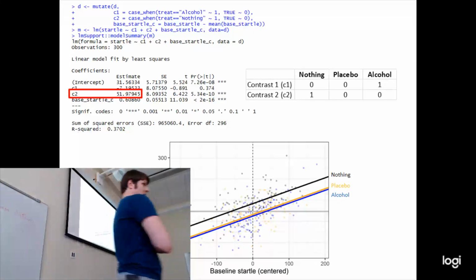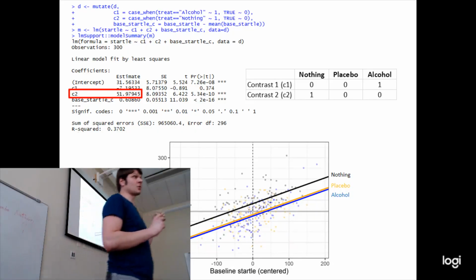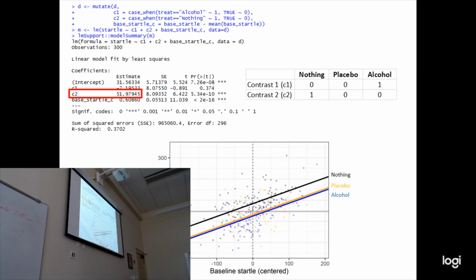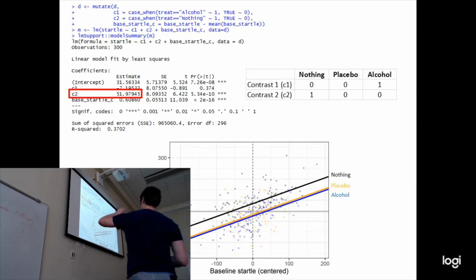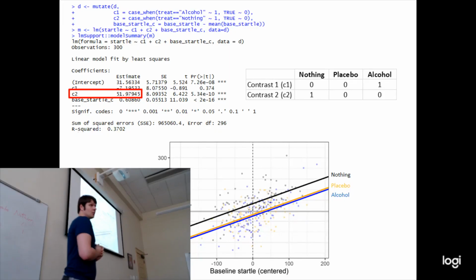What about C2? Vertical distance between nothing and placebo. Absolutely. So remember, each of these contrasts represents a mean difference from the reference group, the reverse coded one. That 51.97 represents the predicted mean difference between the placebo group, which is the reference group, and the nothing group.